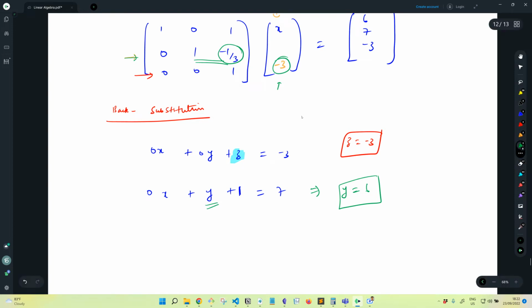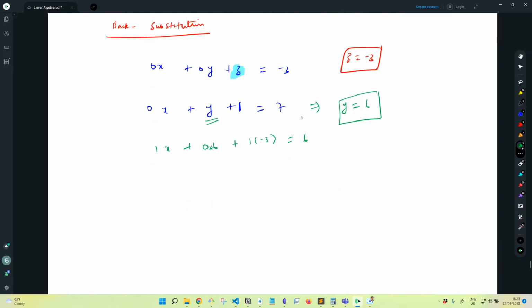Now because I have obtained the solution for y, let's substitute y here. What is y? y is 6. Now let us multiply the first row with the vector. If I multiply the first row with the vector, I get 1 times x plus 0 times 6 plus 1 times minus 3, and this will be equal to 6.